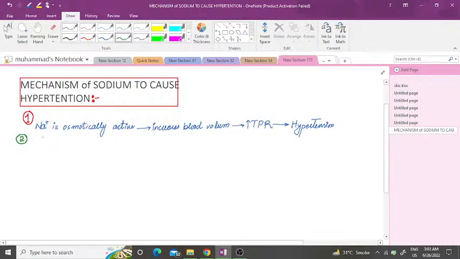To understand the cellular mechanics of how sodium at the cellular level causes hypertension, first of all we have to know a little bit about the contraction mechanism of a blood vessel.